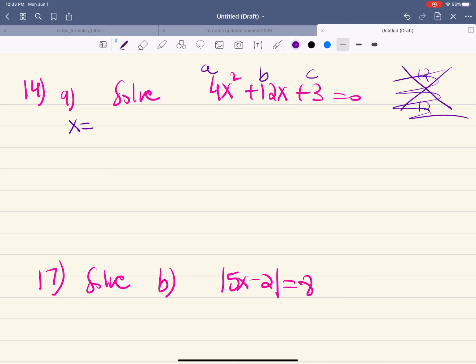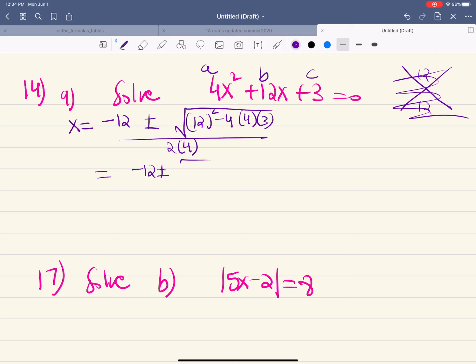Make sure the signs go with them. If there was a negative in front of 12, that would make your b negative 12. x equals negative b plus or minus the square root of b squared minus 4ac, divided by 2 times a. Okay, so that's negative 12 plus or minus the square root of 96, divided by 8. We got to break that 96.